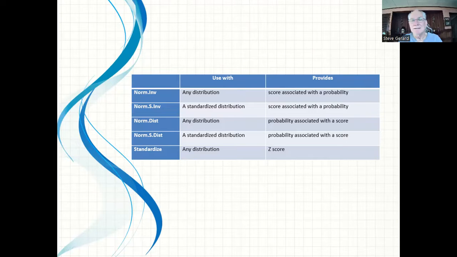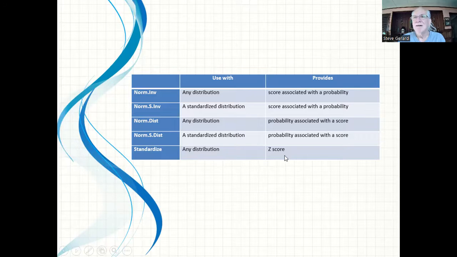If I say, here's a distribution of test scores on the last 25-point test, tell me what the z-score is associated with 75% of people scoring less than that. Well, you could find it from the distribution.